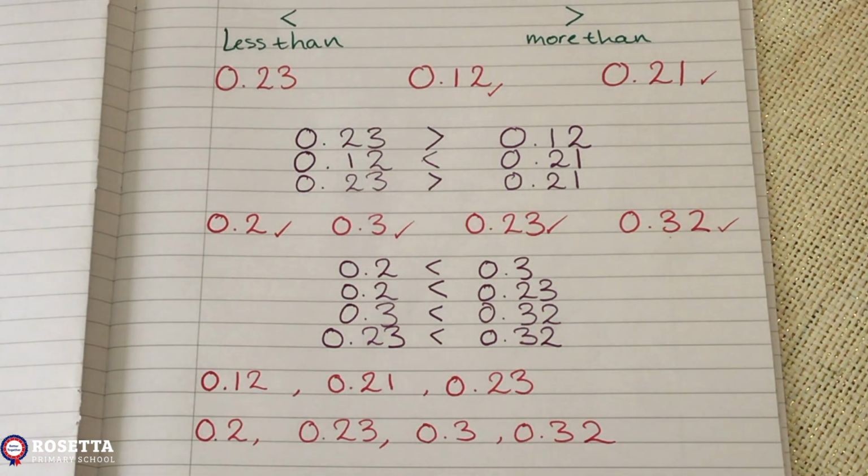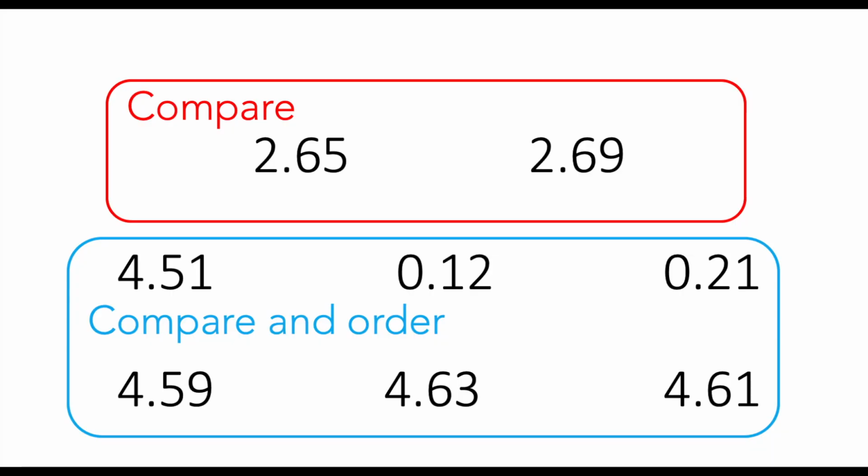I'm going to give you a few more numbers for you to both compare and to order. Okay, the numbers I'm going to give you to try are 2.65 and 2.69. So compare those numbers and then which one's biggest and which one's smallest. And then now some for you to compare and order. 4.51, 0.12 and 0.21.